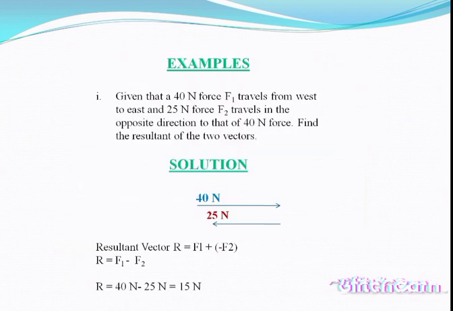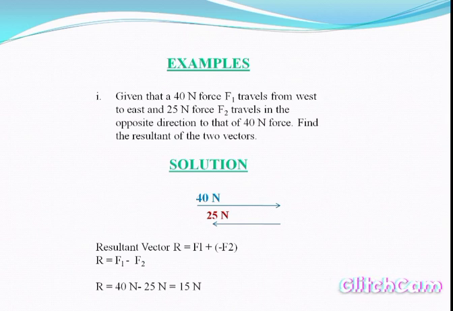Now let's take these examples. Given that a 40 Newton force F1 travels from west to east, and a 25 Newton force F2 travels in the opposite direction to that of the 40 Newton force, find the resultant of the two forces. So we get this.